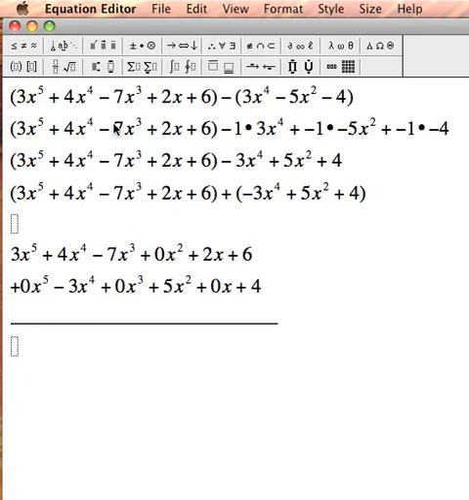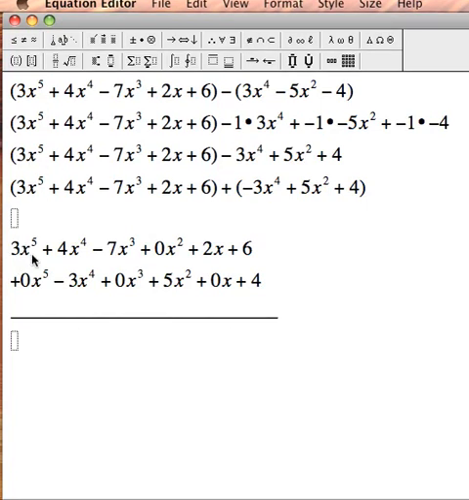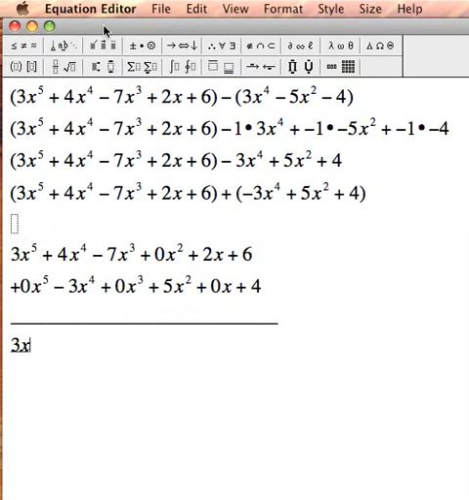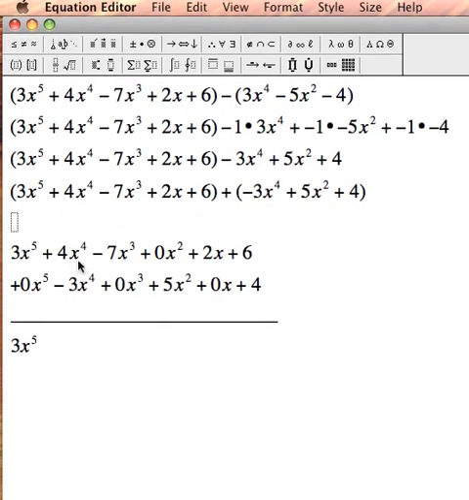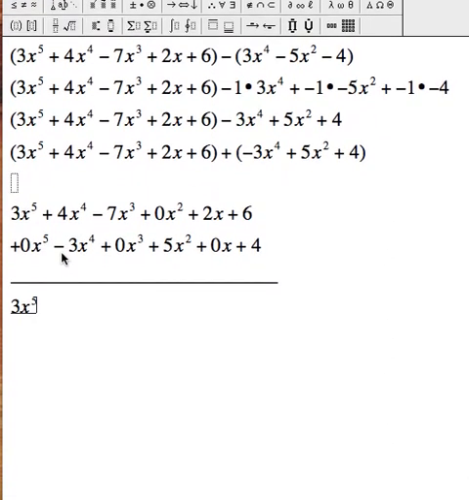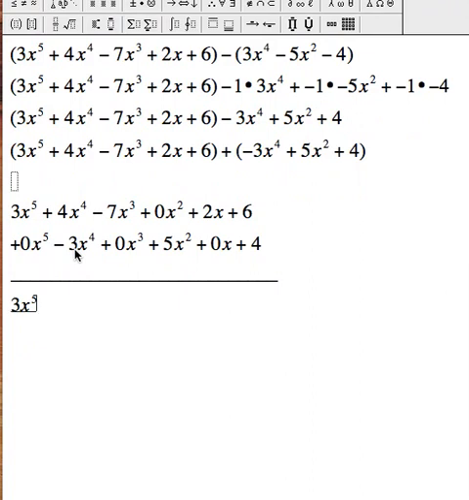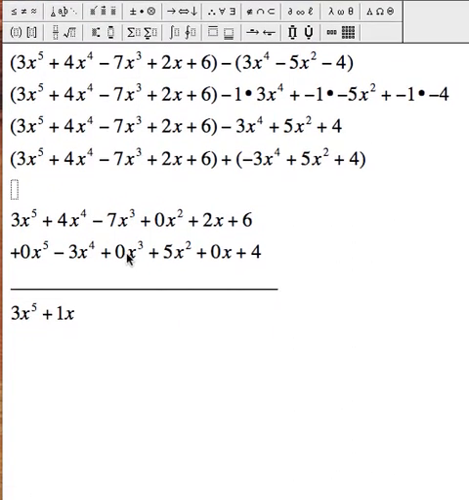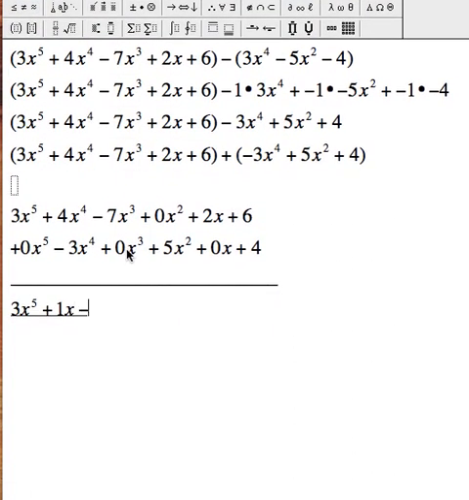Now I can add everything. So I have 3x to the 5th power, and I have no more x to the 5th powers, so I have 3x to the 5th power total. Here I have negative 4x to the 4th power, and I'm taking away 3, so I have 1 left. Here I have negative 7x to the 3rd power, and I have nothing else to add or subtract to it.